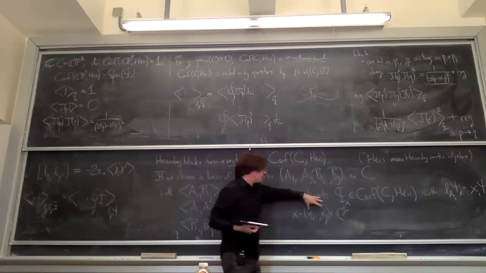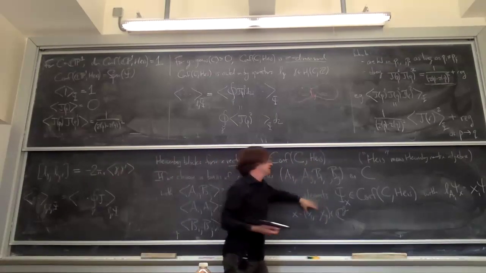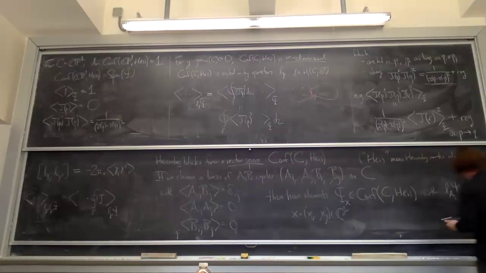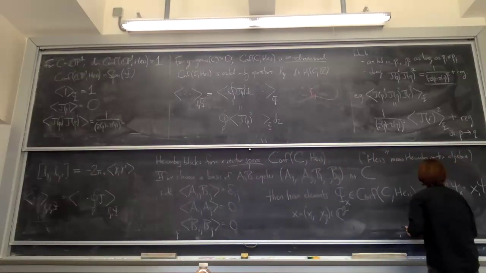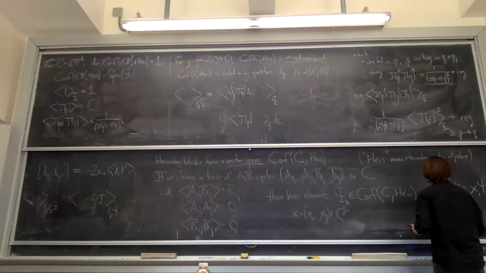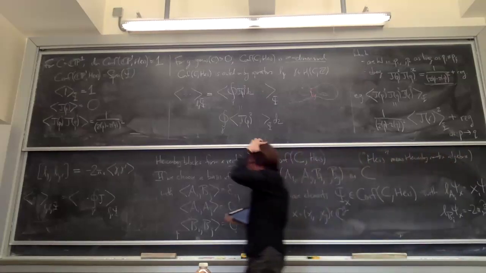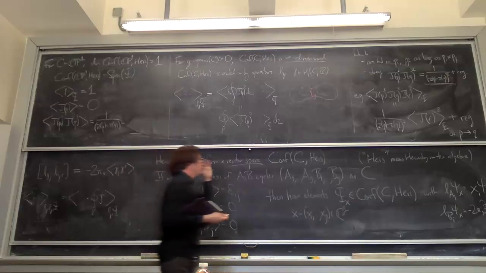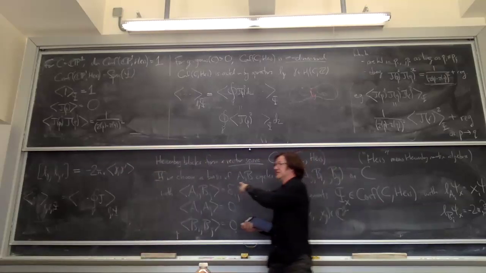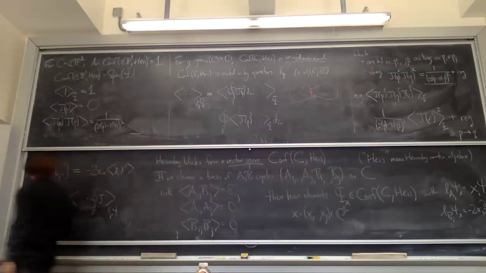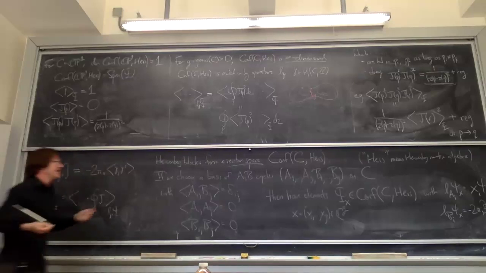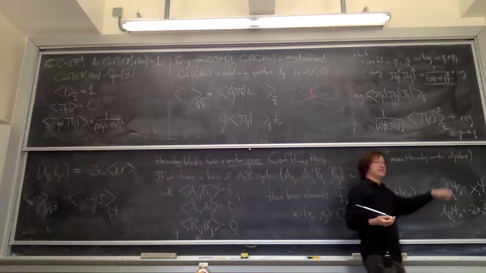So you fix the joint eigenvalue of the A cycle operators. And then the B cycle operators act as derivative, 2 pi i derivative with respect to x. So in other words, you're constructing the usual Schrodinger representation of this algebra, where A acts as x and B acts as d by dx.